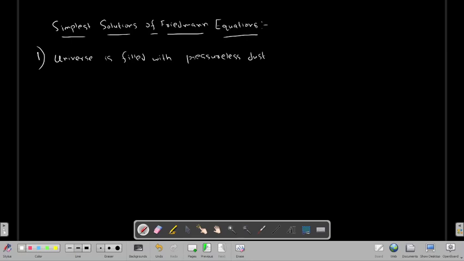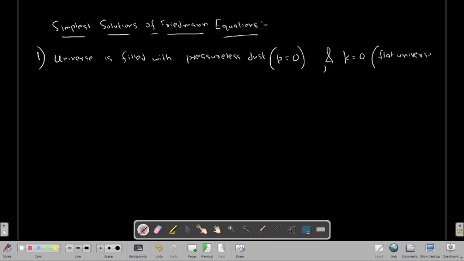Pressureless dust generally means some kind of non-relativistic matter which has zero pressure, and I am also considering a flat universe. So basically I am taking k is equal to 0, which means a flat universe.